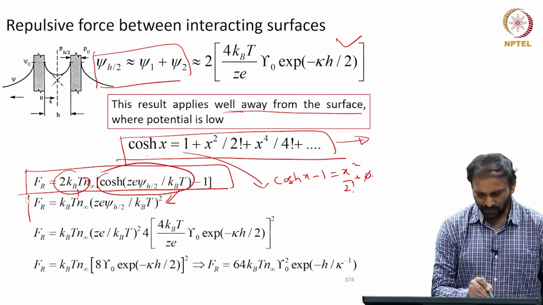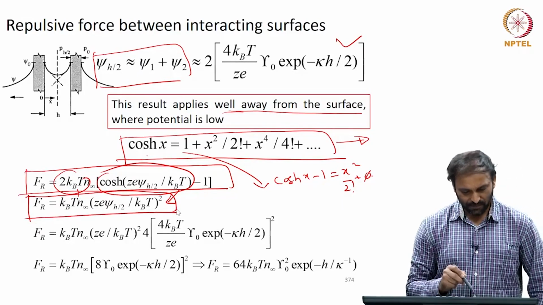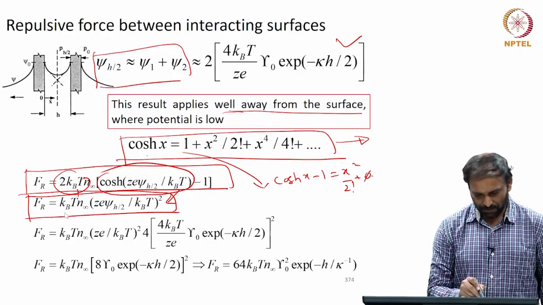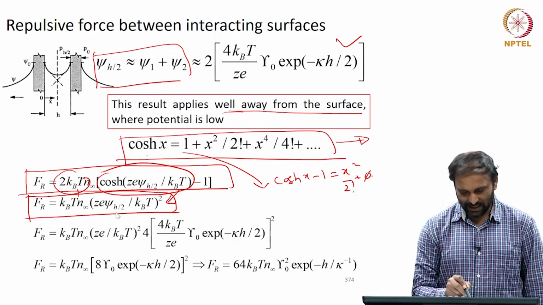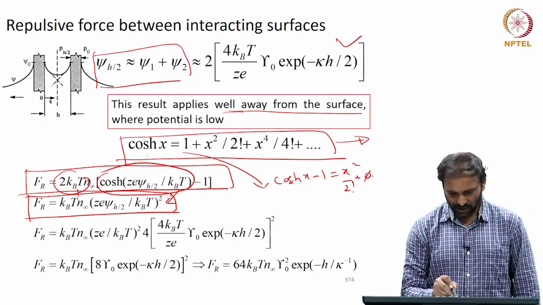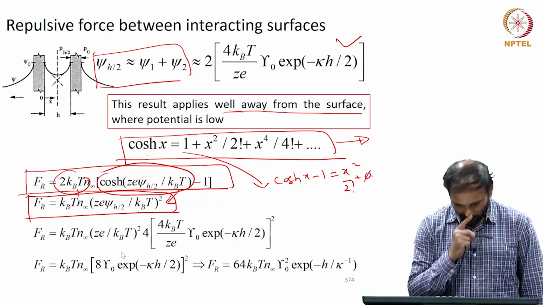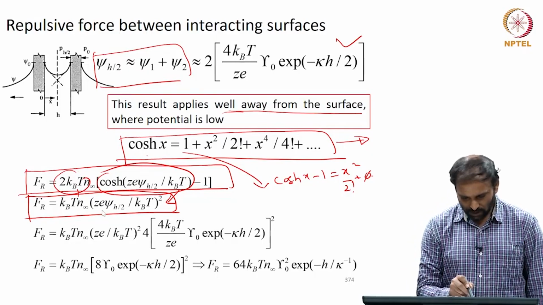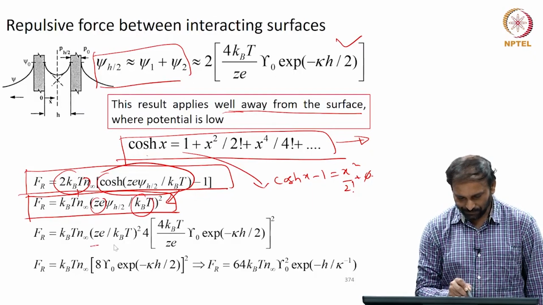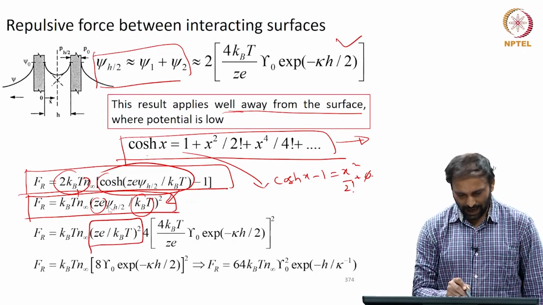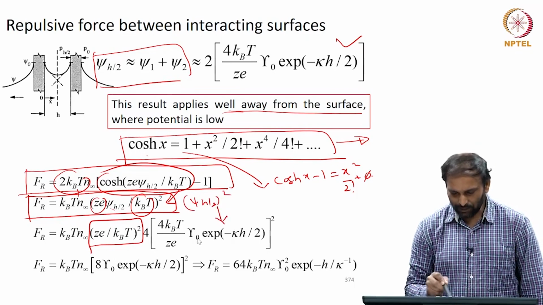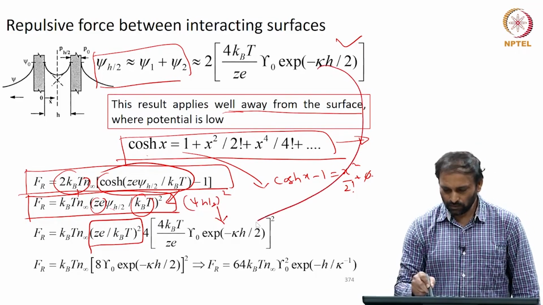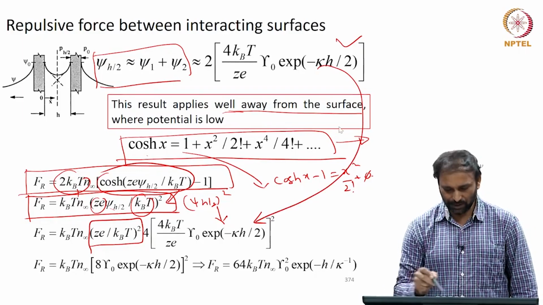So, therefore, Fr, which is the force of repulsion, goes as kBT times n infinity times Z e psi at h by 2 divided by kBT whole square. So, I can take Z e divided by kBT outside, and I have psi at h by 2 square here. I can replace for psi at h by 2, I can replace this expression now.